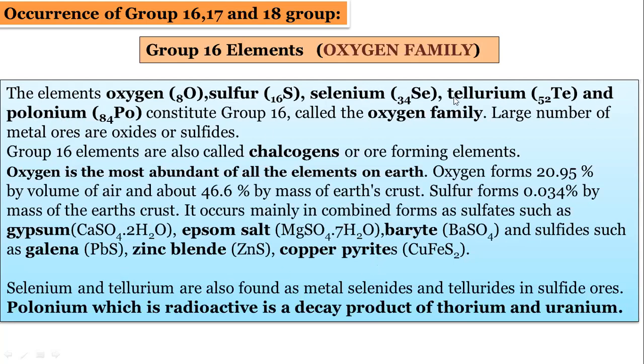Out of these, selenium and tellurium are found as metal selenides and tellurides in the sulfide ores. So this is the occurrence for the oxygen family, and for the examination purpose, remember these molecular formulas and the names of the ores.